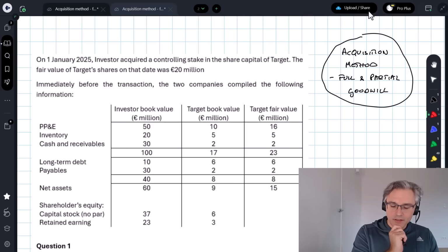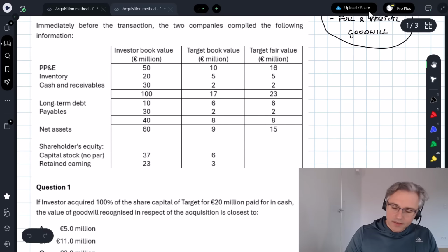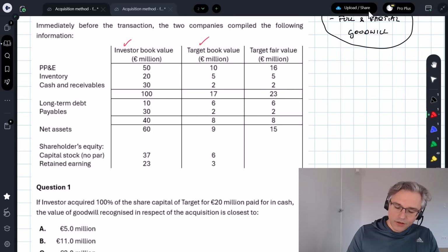Immediately before the transaction, the two companies compiled the following information, and we've got balance sheet data for investor and target. You can see different items of assets and liabilities, net assets, equity.